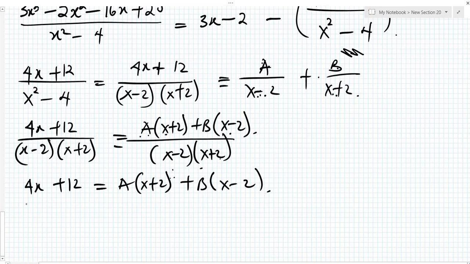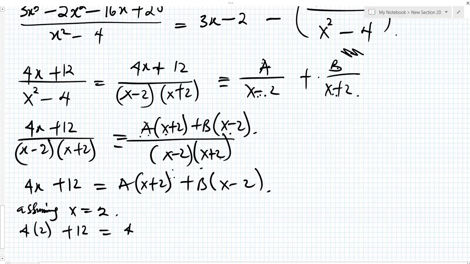If I use, assuming x is equal to 2, wherever I see x, I substitute for it. So 4 times 2 plus 12 is equal to a times 2 plus 2, plus b times 2 minus 2.